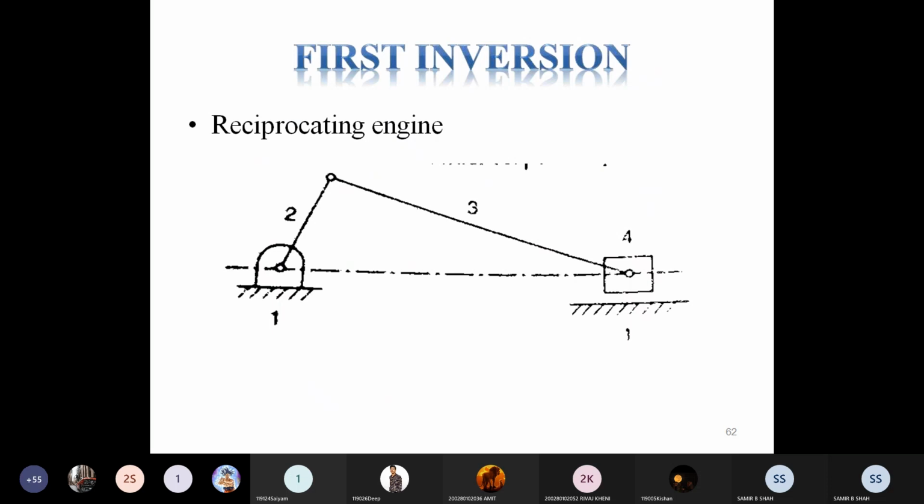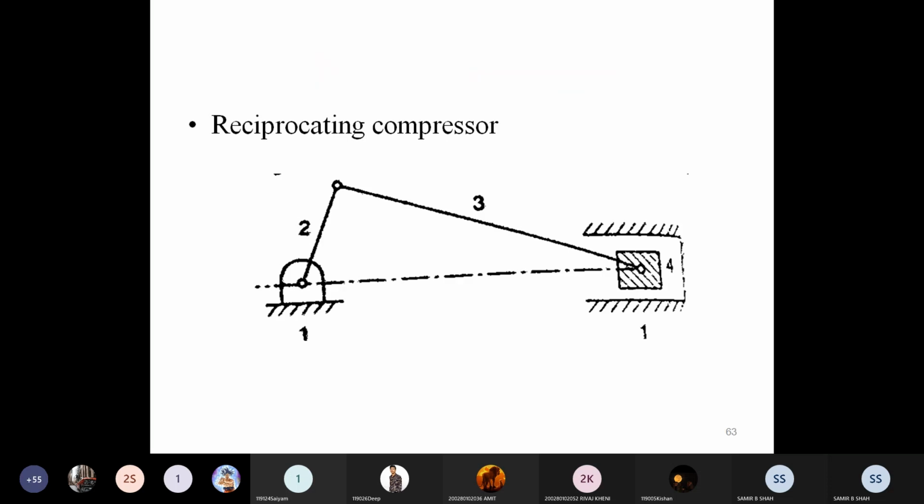The first inversion, as I discussed earlier, is known as the reciprocating engine. The same thing applies to the reciprocating compressor, where with the help of the connecting rod the piston may reciprocate, and with the help of this piston we generate the required pressure. That depends on our requirement, right?